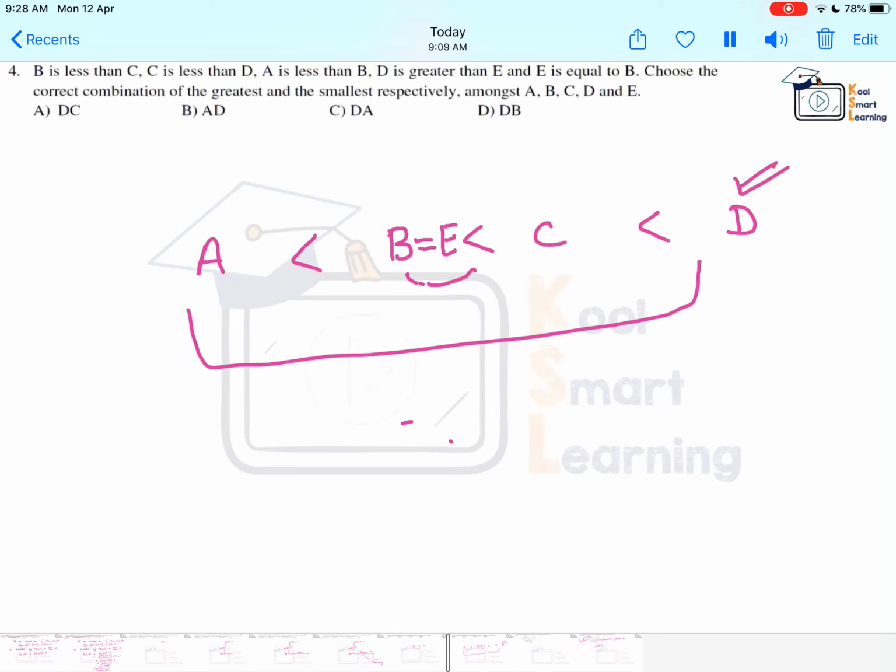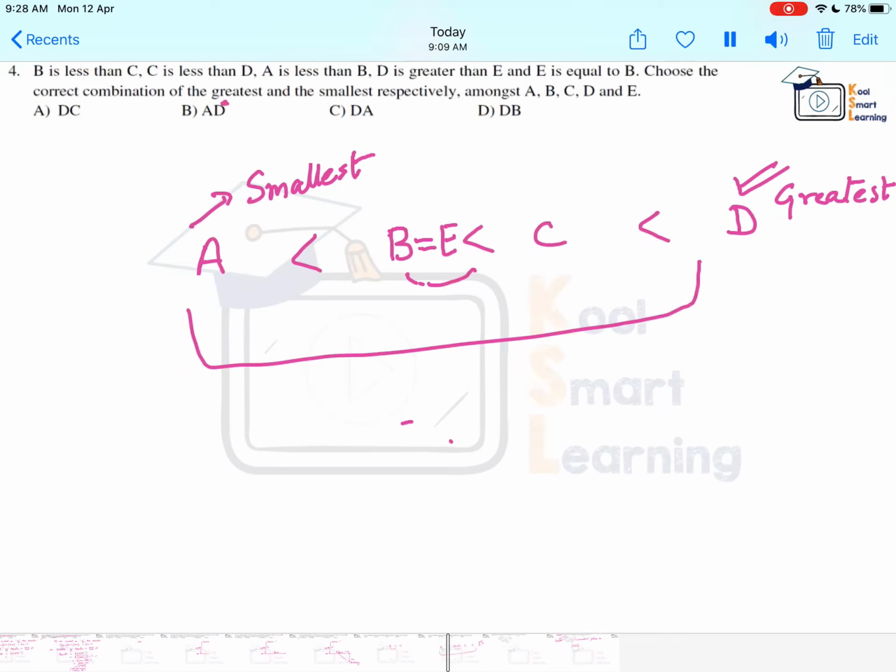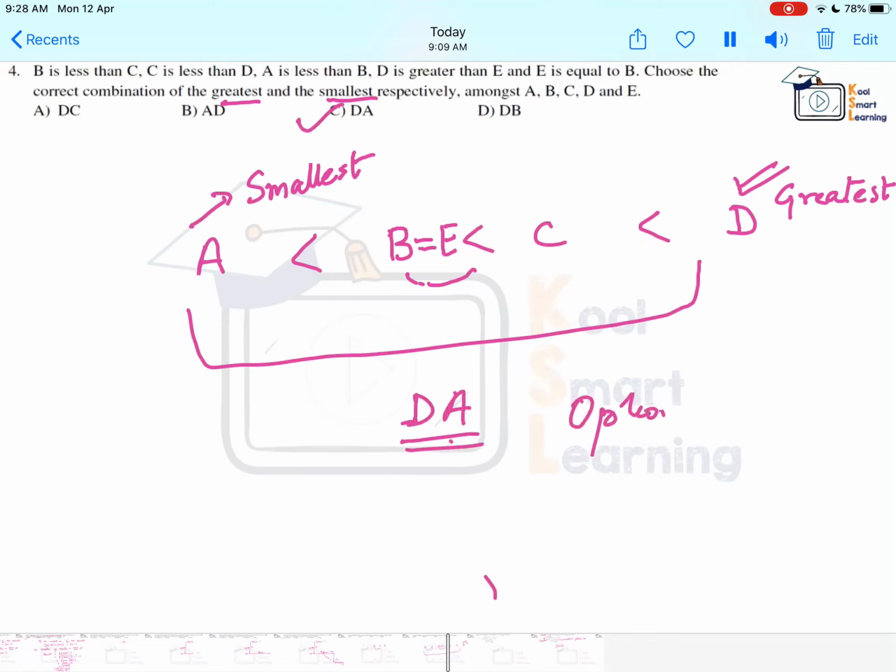So we clearly know D is the greatest and A is the smallest. And we have to write the combination as first greatest and then smallest. So this becomes DA, which is option C. So this is the answer to this question.